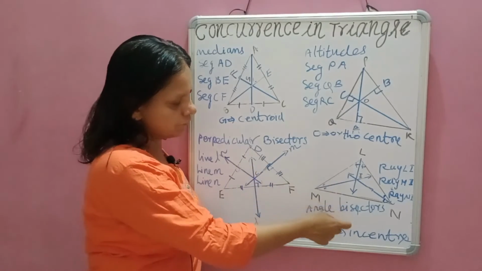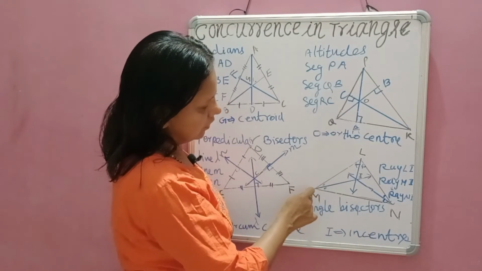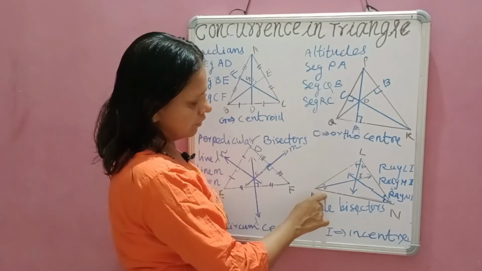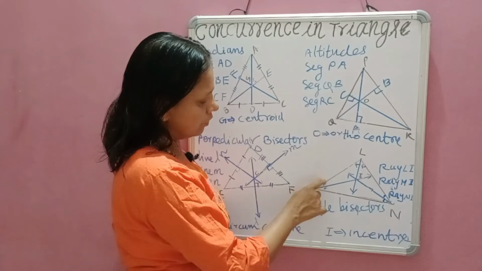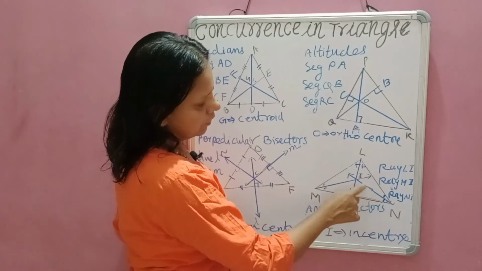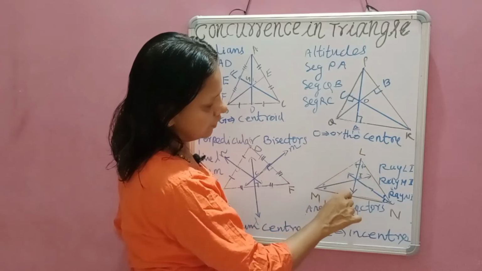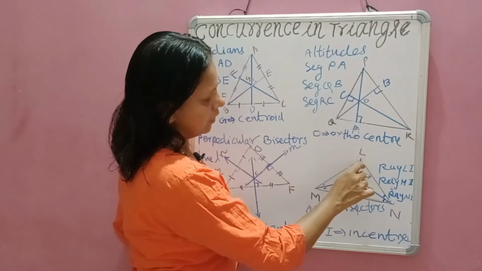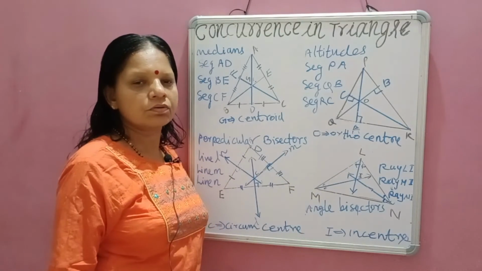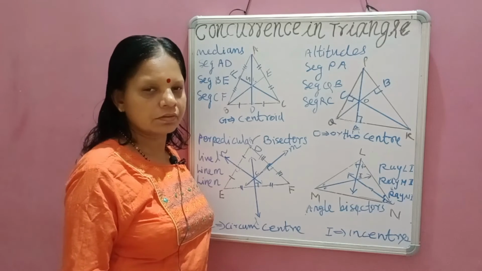Now come to the last figure. Here see, it is a ray. This ray divides the angle into two equal parts. See the identical marks, angle M. Also this ray divides the angle into two equal parts. Also this ray divides angle L into two equal parts. The ray which divides the angle into two equal halves is called an angle bisector.